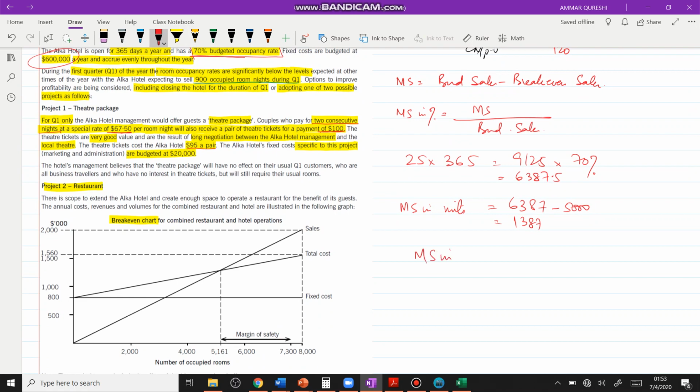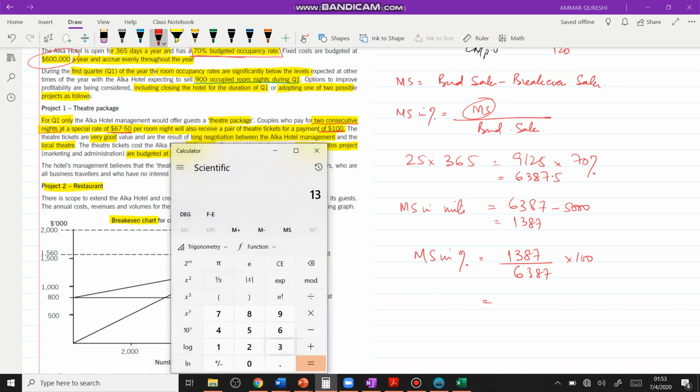And margin of safety in percentage is margin of safety divided by budgeted sales. No, no. Budgeted sales are 6,387, times 100. We are not considering 9,125 because this is the total capacity. The quantity which we will sell is 6,387, right?